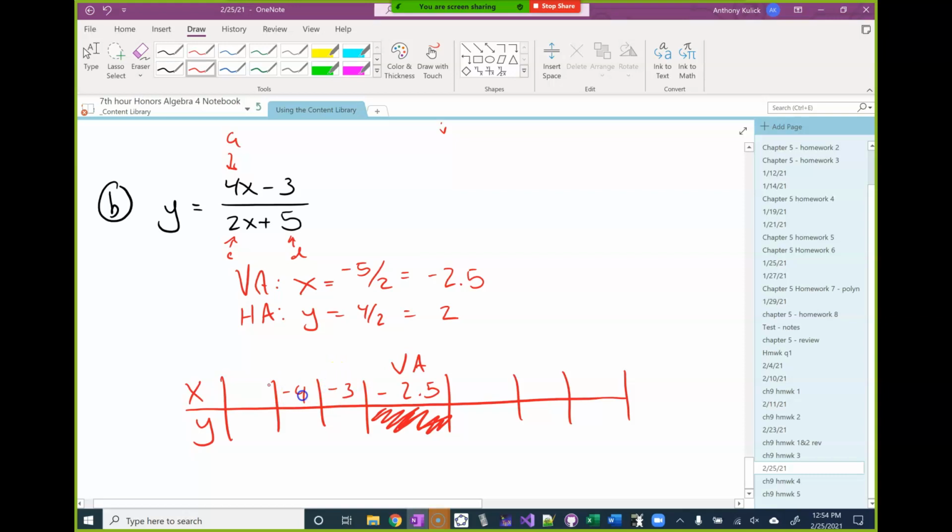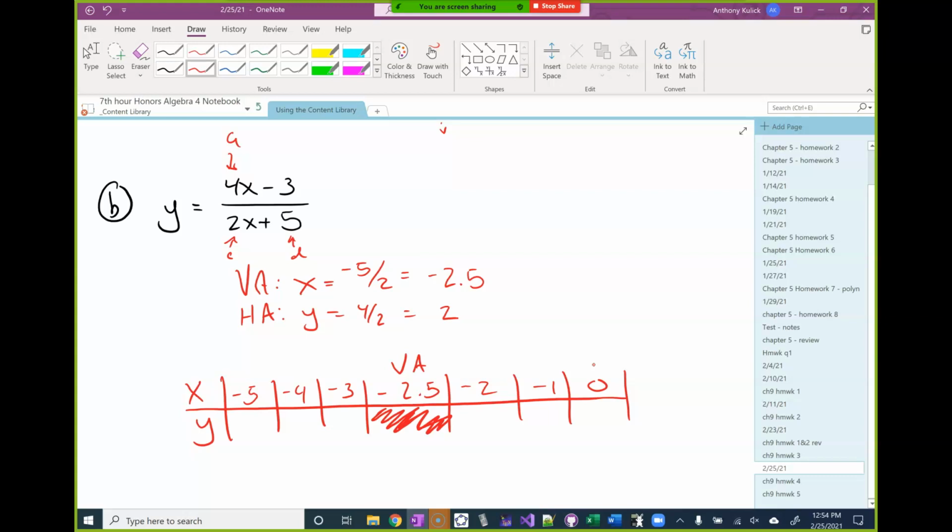And now to find my y-coordinates, we'll just plug them back in. And here's a place where, again, if your mental math proves insufficient, that's not a big deal. I'm still going to try to do the mental math on it because I think it's kind of fun. But this is certainly a place where typing in your calculator is totally cool. Let's see, if I plug negative 5 in, I get negative 23 over negative 5.